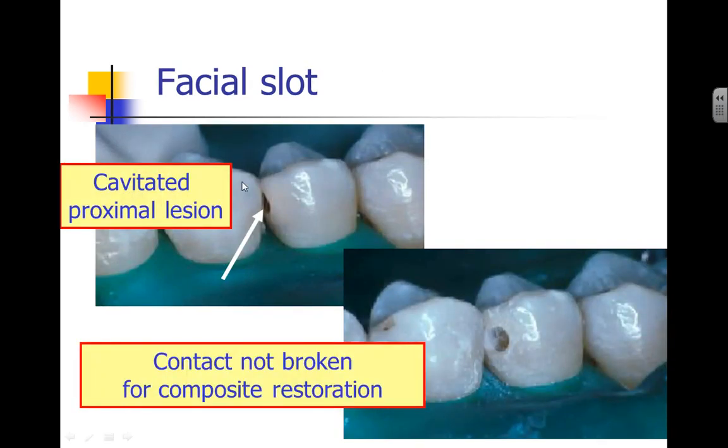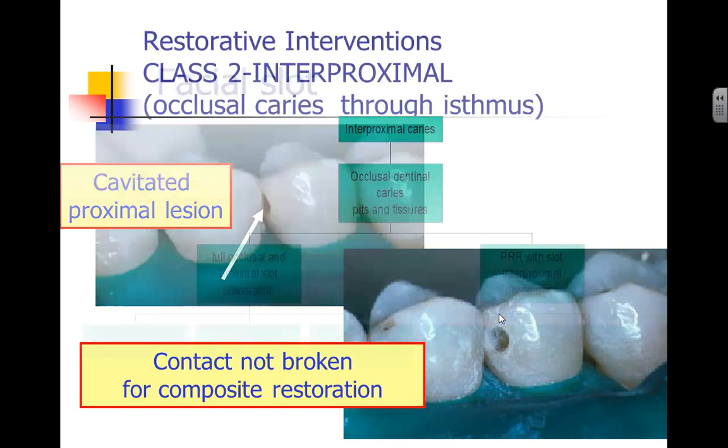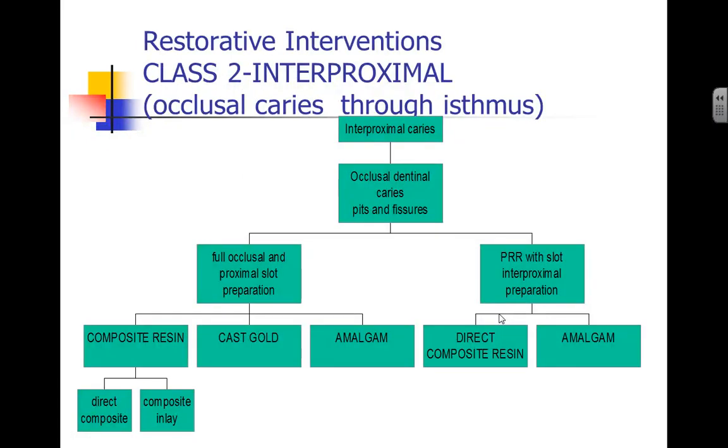So we have a cavitated lesion on the distal surface. It's been prepared, contact hasn't been broken, and for this tooth we'll be restoring it with composite resin. When we see occlusal caries and occlusal caries through the isthmus, it changes the types of restorations we can plan for class 2s.